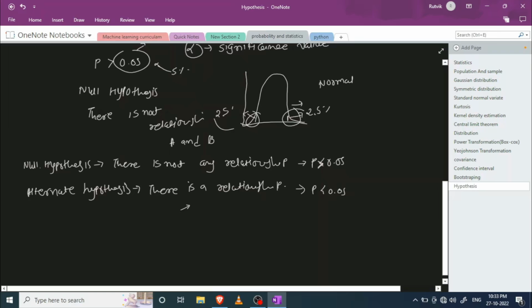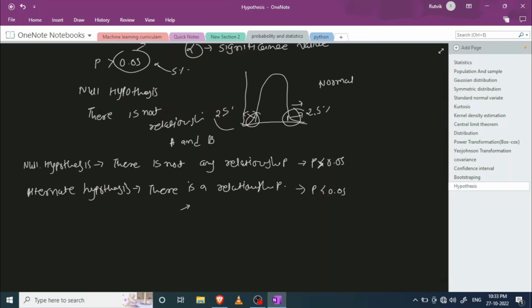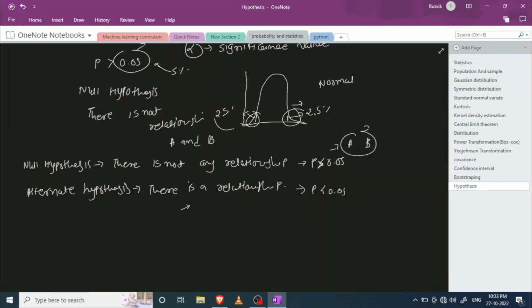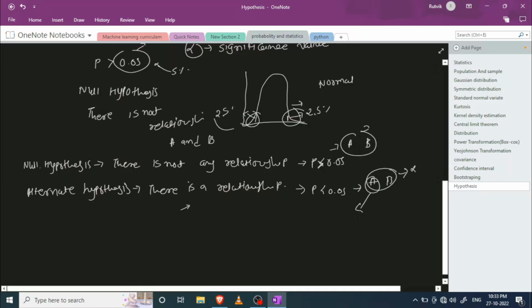That means if I have a p-value which is greater than 0.05, then I'm going to say that there isn't any relationship between A and B, and I'm not going to use this independent variable as my input feature in the ML model.